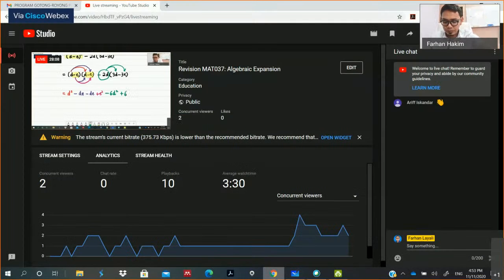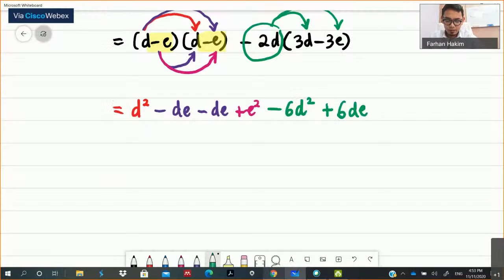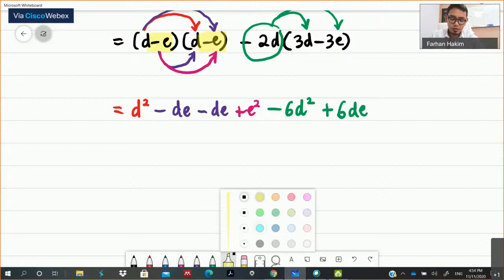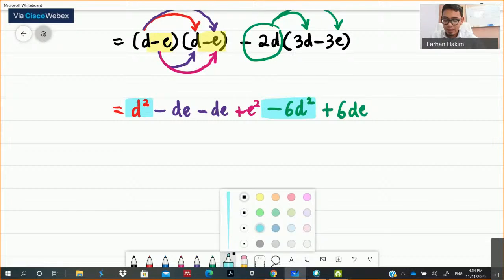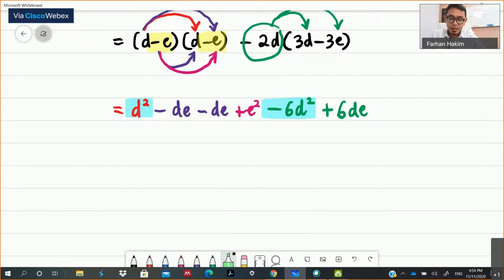Alright. So now, I'm going to bring that D square with D square. So I'm going to highlight first. Kalau you ada highlighter, gunalah, tak ada masalah pun. Minus 6D square. Itu gang dia. Next, ada lagi gang kan? Gang dia mana lagi? Negative DE minus DE plus DE.